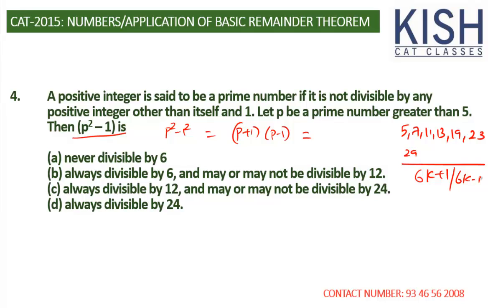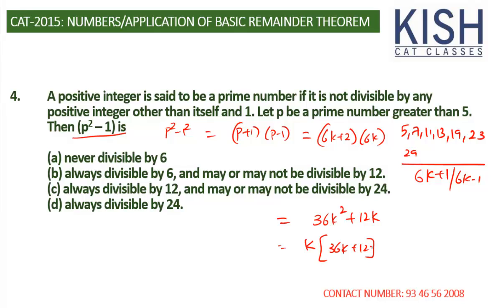When we substitute 6k plus 1 in place of p, this is going to be (6k plus 2) into 6k. So the whole thing is now 36k square plus 12k. If we take k common, this is going to be k times (36k plus 12). Now k has to be at least 1. k cannot be 0.